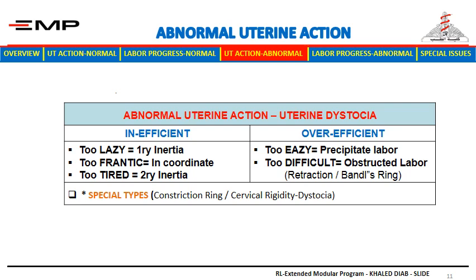Over-efficient uterine contractions due to mechanical obstruction with faulty passages or passenger resulting from either true or relative fetopelvic disproportion, already discussed previously in malpresentation and malposition, will result in obstructed labor and, if untreated, will eventually result in neglected obstructed labor with either ruptured uterus or secondary inertia, according to the uterine response to obstruction, and this will be discussed at the end of this presentation. Also, there are special forms of abnormal uterine action that will be discussed at the end, mainly uterine constriction ring and cervical dystocia.